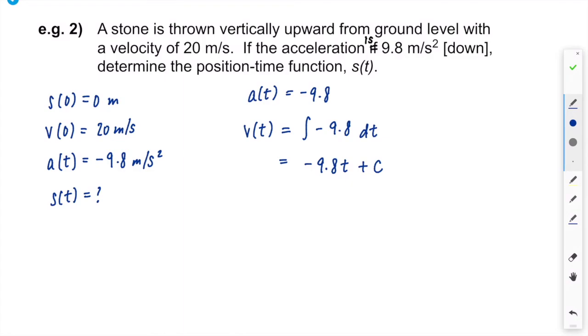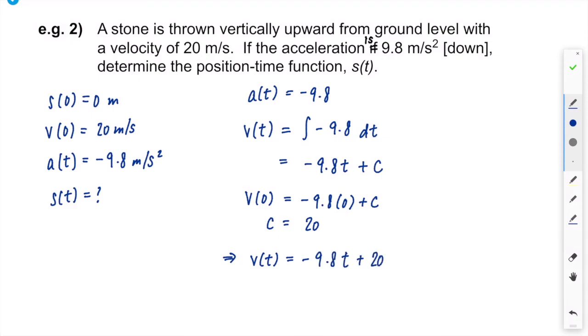Well, I need to know what this c is, so let's apply the idea of v of 0, which is negative 9.8 times 0 plus c. Well, that implies c is equal to 20. As a result, v of t must be negative 9.8 t plus 20 as a function.